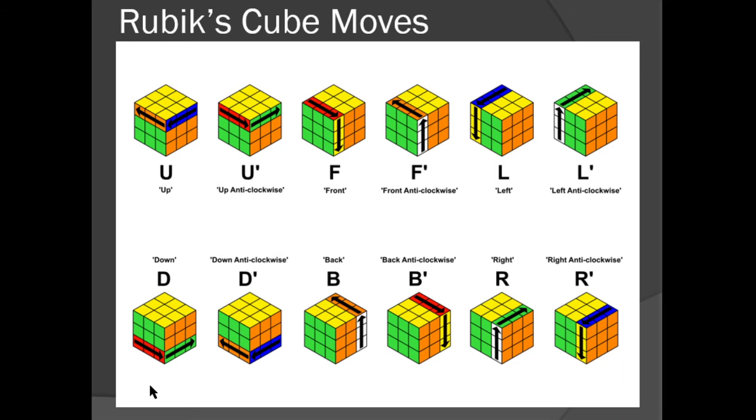So if we are given R2, you need to rotate that face 180 degrees, or twice 90 degrees. Okay, so those are the moves that we are using in solving a Rubik's Cube.